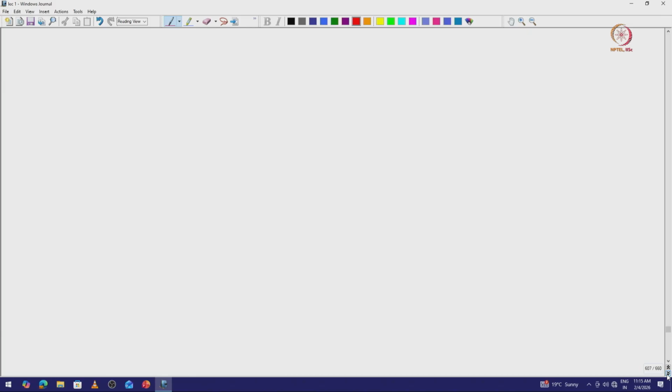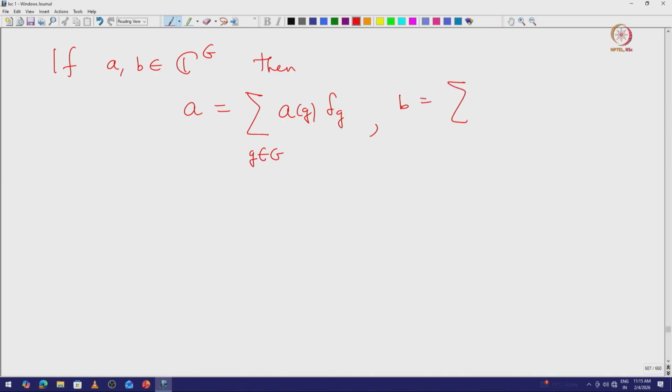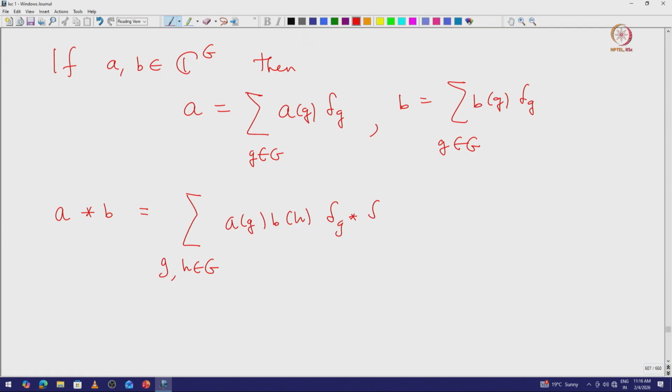If we take two functions a, b in CG, then one can write a as the summation of a of g delta g, g in G, and similarly b as the summation of b of g delta g, g in G. Now if you go to the definition of a star b, using the distributive law, this is going to be equal to the summation over g, h in G of a g b h delta g star delta h, which is exactly equal to the summation of a g b h delta gh.